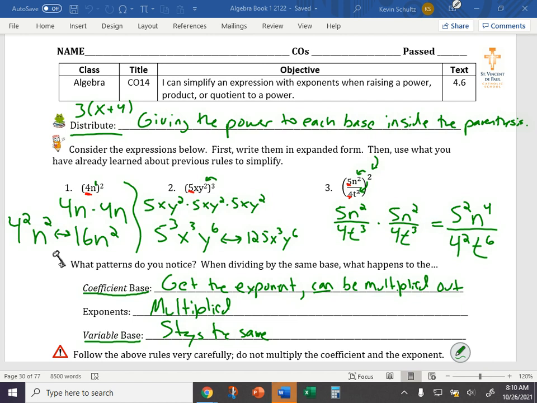Okay? And then any base without an exponent already will take on that power similar to a coefficient would. So there you go. Your 5 rules for simplifying exponent expressions. Isn't this exciting? Yeah. Think of how powerful you are now.